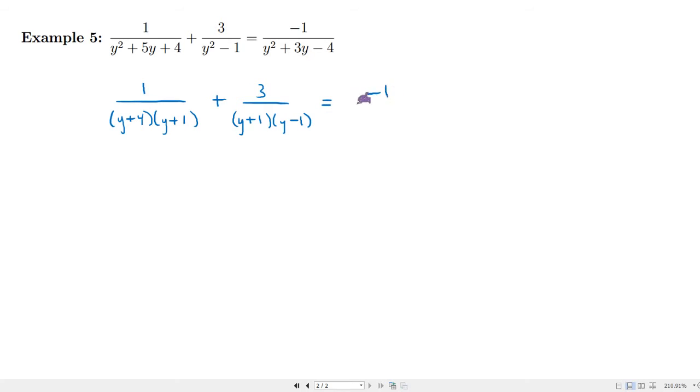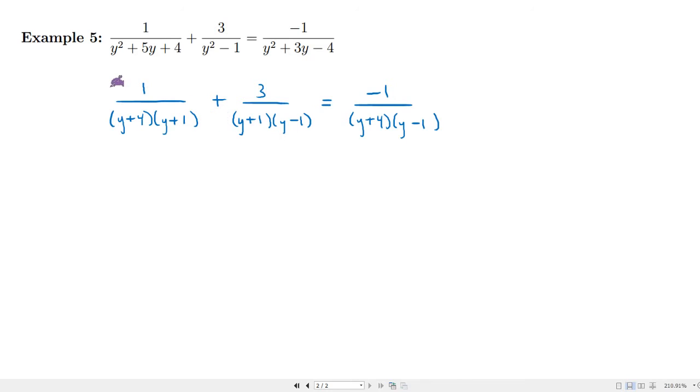And then this one is a y and a y. We want the product to be minus 4, but the sum to be positive 3. So the positive is the 4 and the negative is with the 1. Okay, so what are we missing? So y plus 4, y plus 1. Comparing it to this one, we're missing the y minus 1.